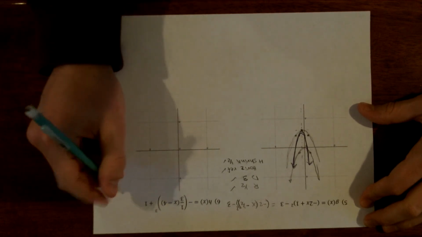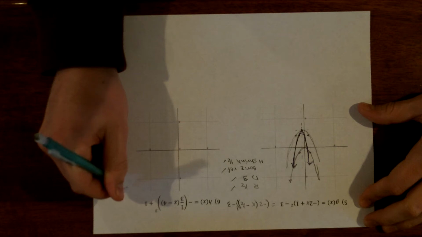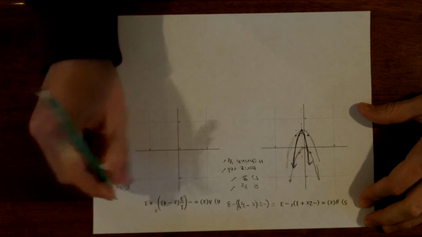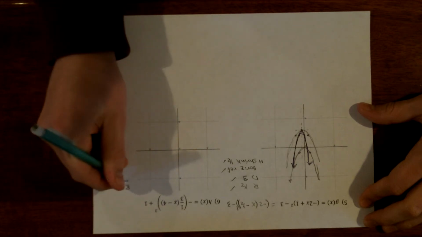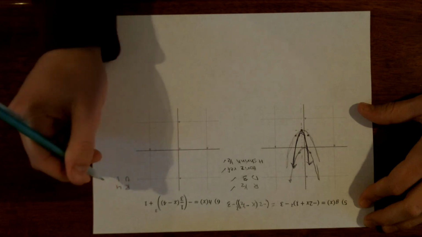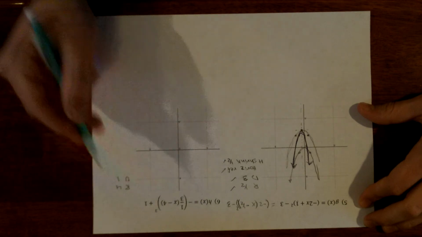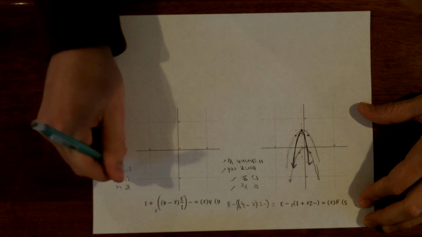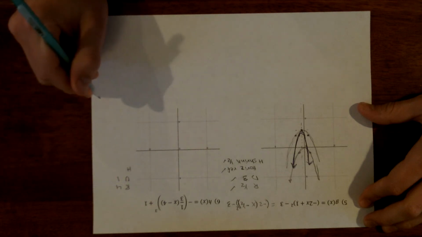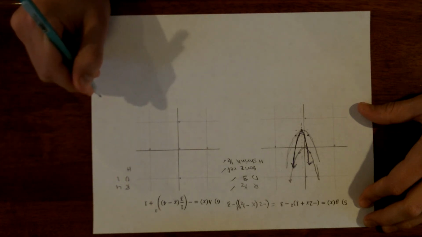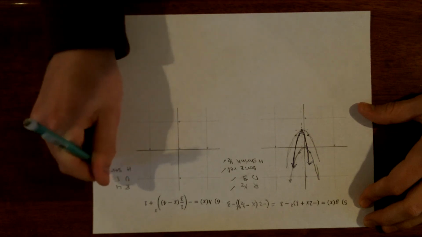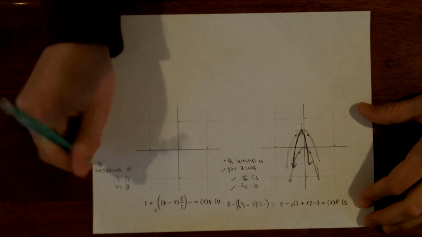So we have a minus 4, undo it, add 4, so we're going to go right 4. We have a plus 1 on the outside, so do what it says, up 1. We have a 1/3 on the inside, so that means horizontal stretch or shrink, but remember, we do the opposite when it's on the inside with that horizontal stuff. So instead of shrinking it by a third, we're going to stretch it by 3.